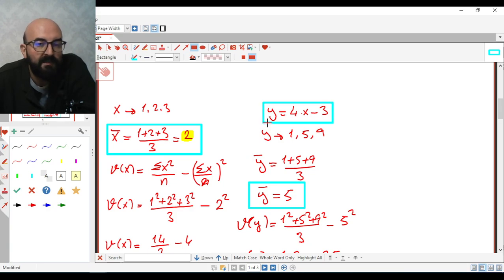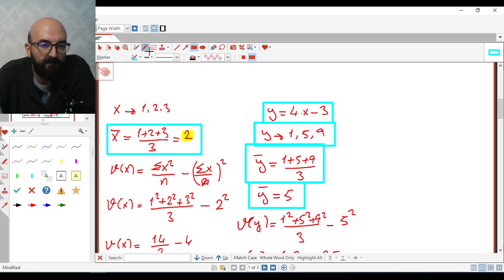So y equals 4x minus 3. And the y values become 1, 5, 9, and the mean of y, the sum of y values over the number of y, becomes 5.